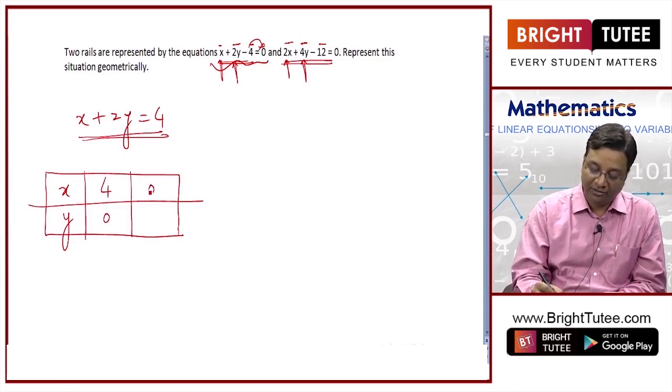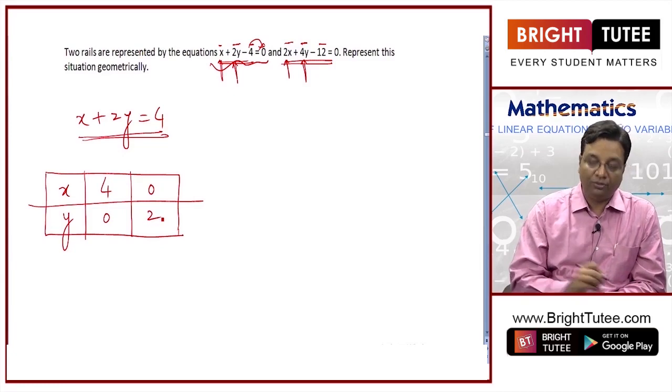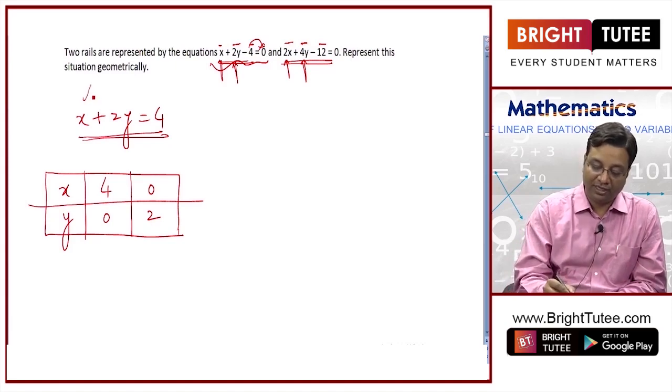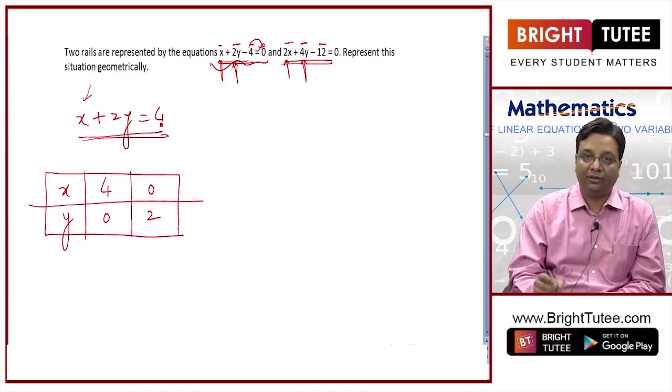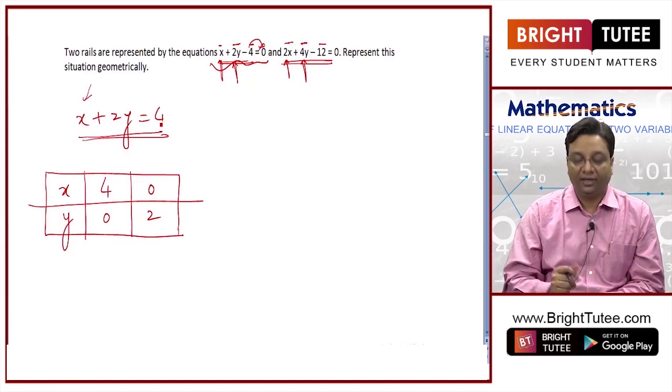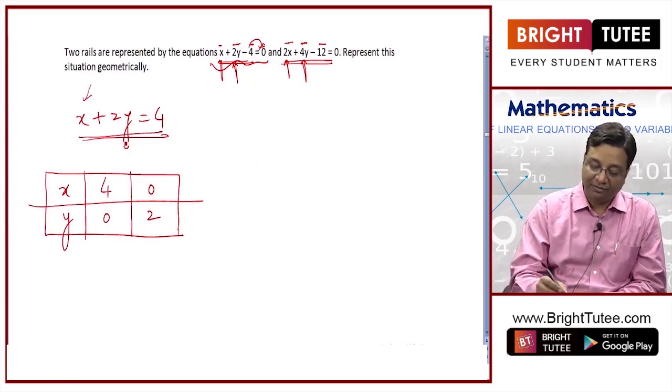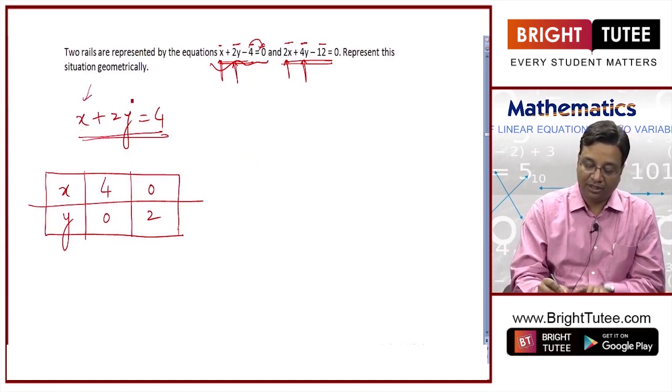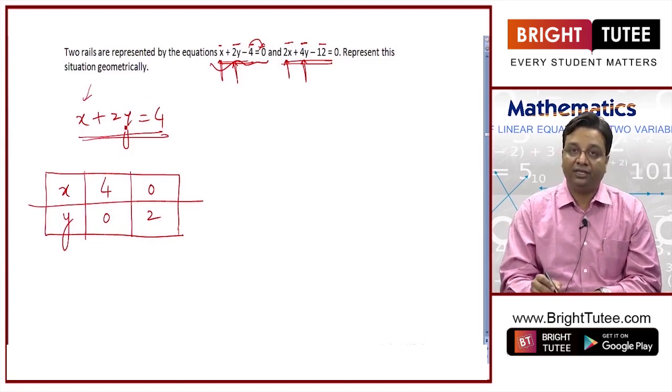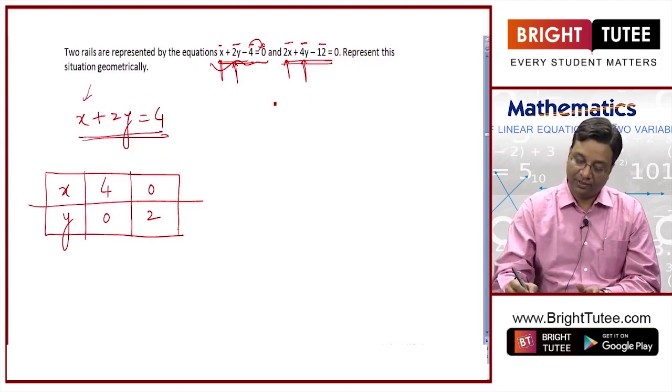If I put x equal to 0, y will be equal to 2, right. This is the fastest method of finding the points. If you put one variable as 0, you will get the second variable automatically, right. Why? Because if you put x equal to 0, this will become an equation in one variable only, right.